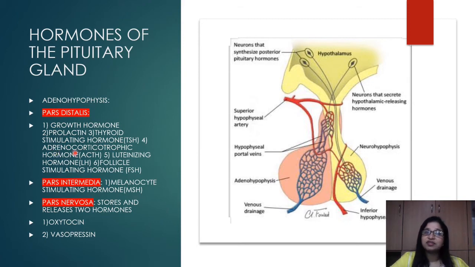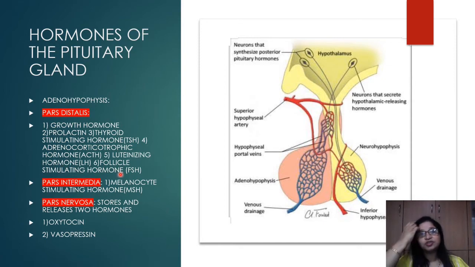It has a central portion called the medulla and the peripheral region called the cortex. So this ACTH basically is a trophic hormone, a stimulating hormone which acts on the adrenal cortex. We have the luteinizing hormone or LH and the sixth hormone, follicle stimulating hormone.